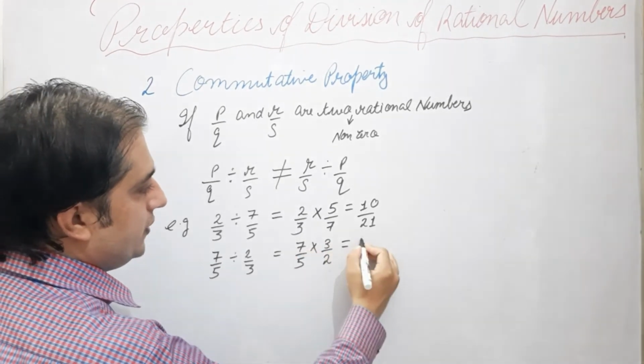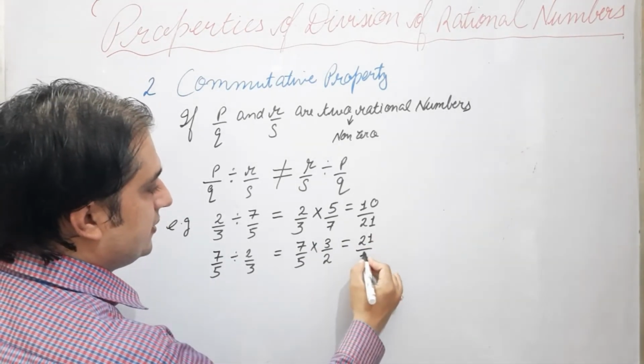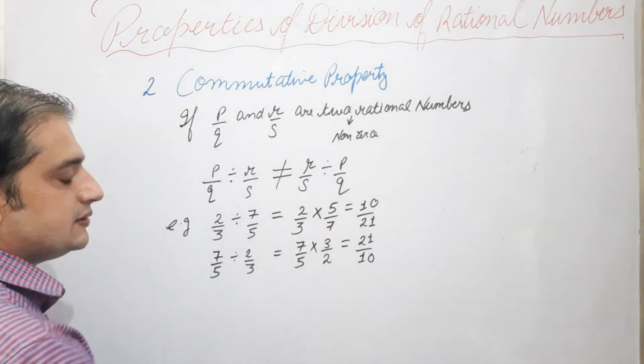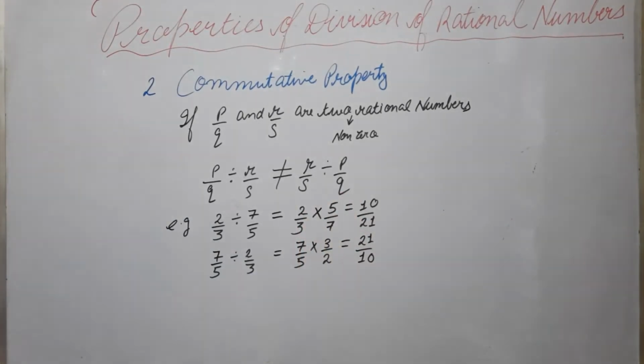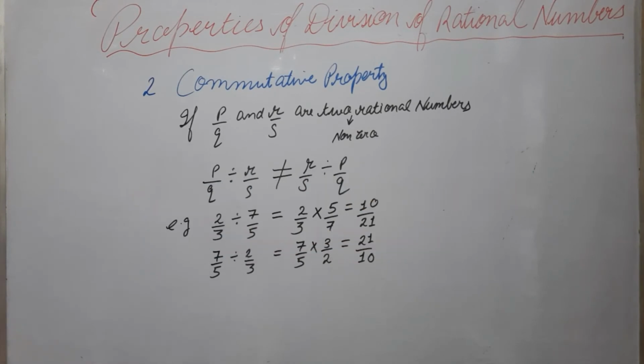So the product of numerators is 21, and the product of denominators is 10. In both the cases, the answer is different. So the division of two rational numbers is not commutative, right? The division of rational numbers is not commutative.